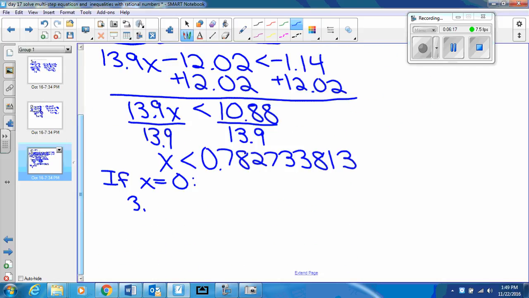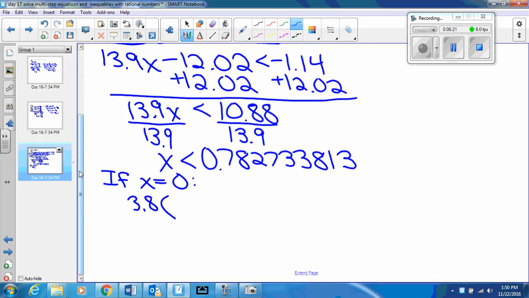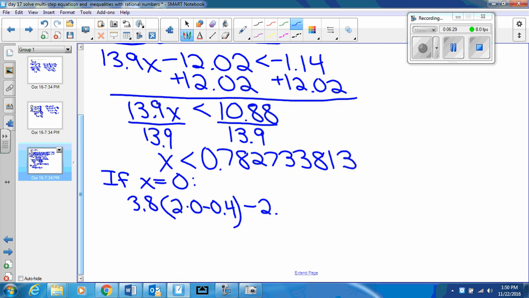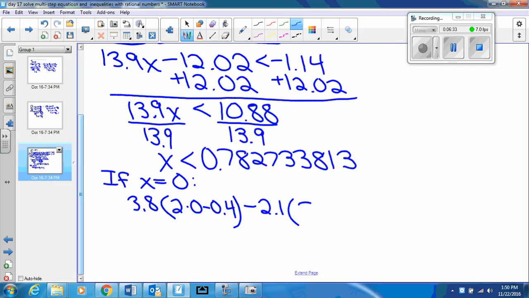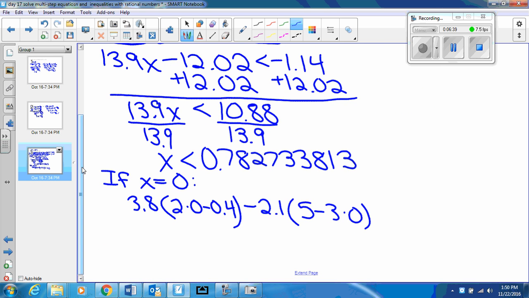So 3 and 8 tenths times 2 times 0 minus 4 tenths minus 2 and 1 tenth times 5 minus 3 times 0 is hopefully less than negative 1 and 14/100.